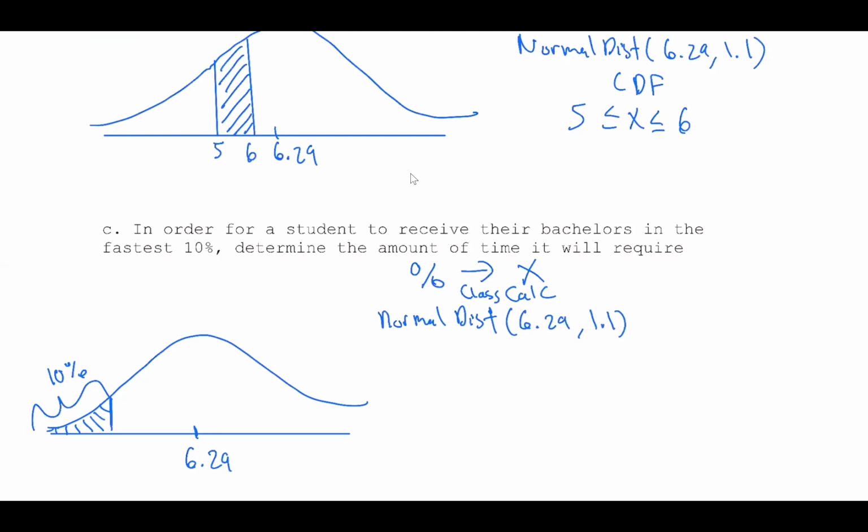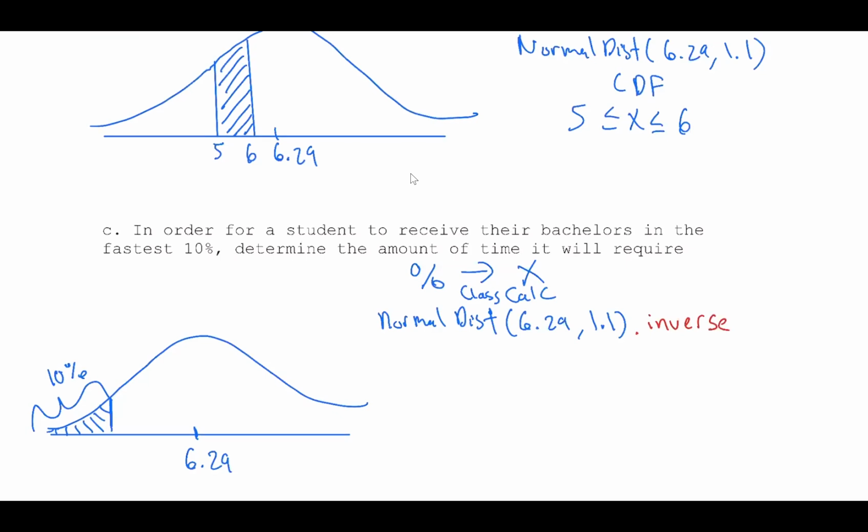But what you have to remember is that since we're trying to find the x value, you have to do inverse CDF, and you have to do inverse CDF of the area to the left. So if you look at R, since the area to the left is 10%, we put 0.10. So this is how you should punch it into ClassCalc. In a little bit, we'll actually enter that into ClassCalc. But so far, any questions on that?